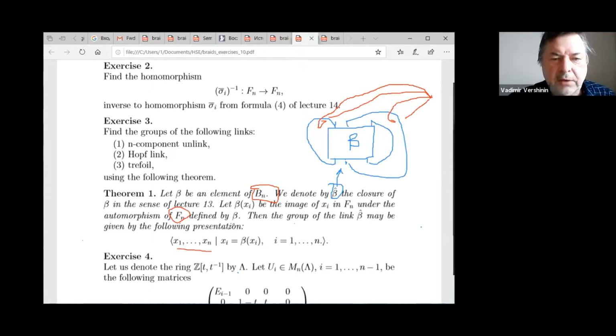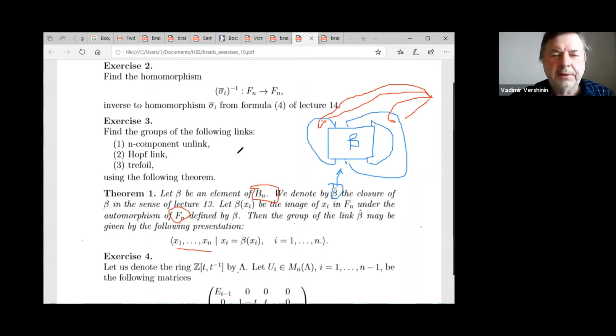And you write down relations, n relations, better to say: x_i equals beta acting on x_i.